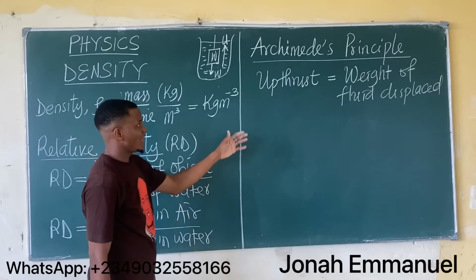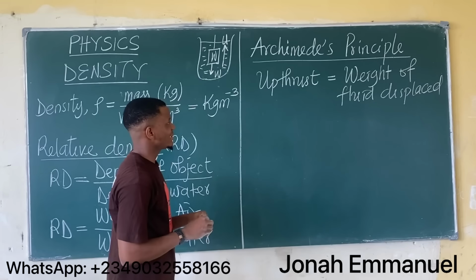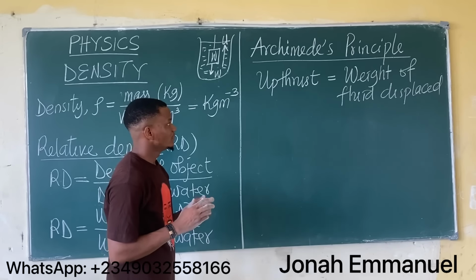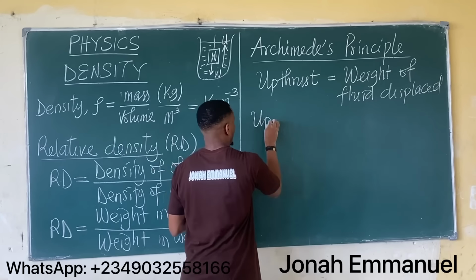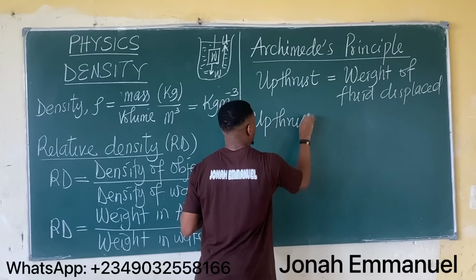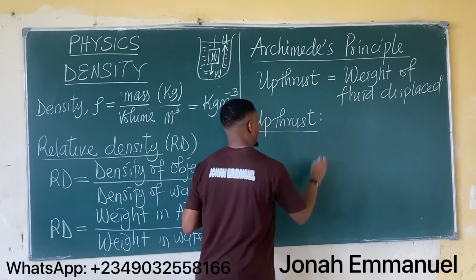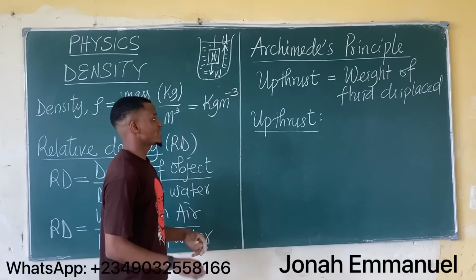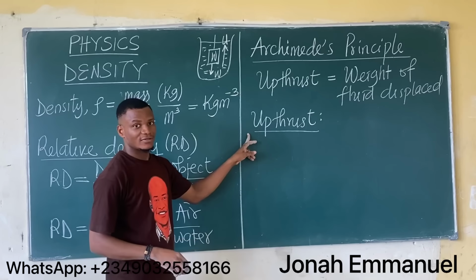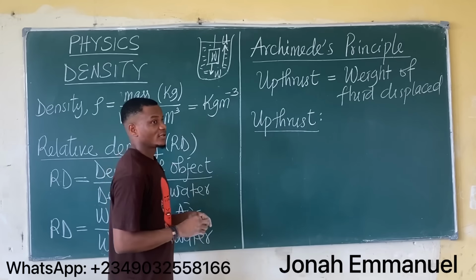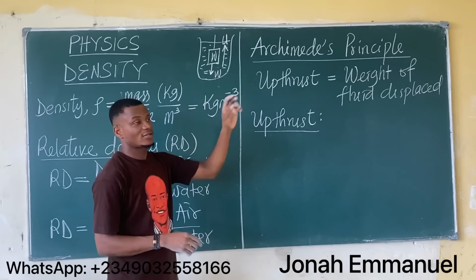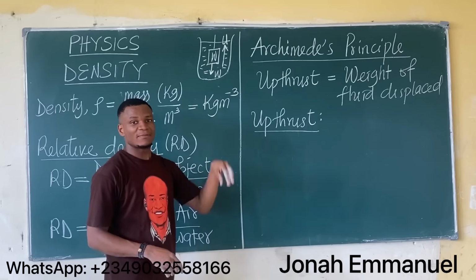So having said that, let's look at the formula for upthrust. Well, let's consider upthrust. So I just defined upthrust as the upward force that a liquid exerts on an object that is being placed in it.